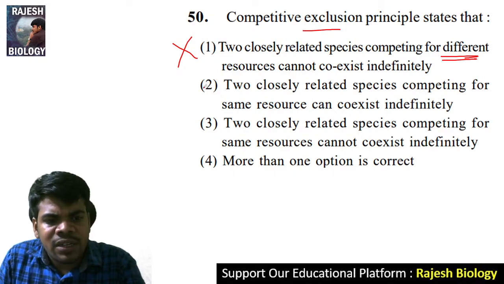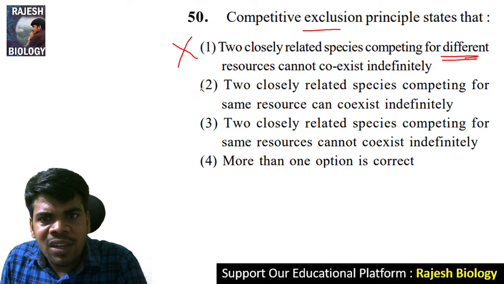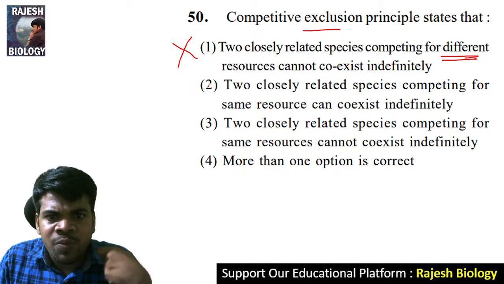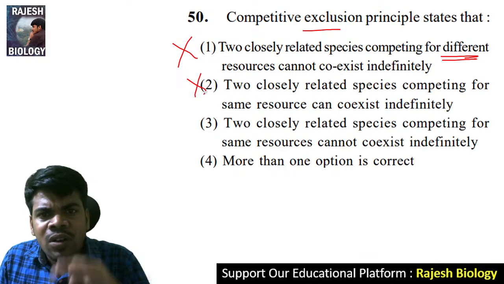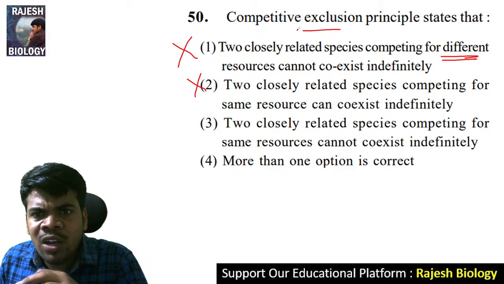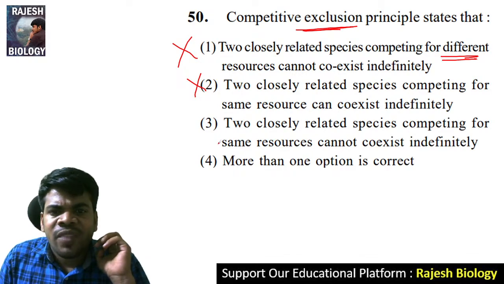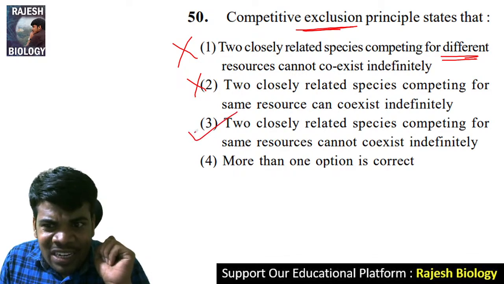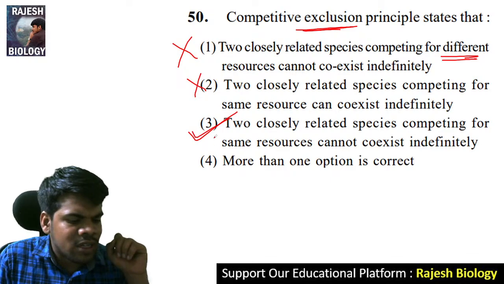It may be correct, but it is not told by the competitive exclusion principle. This is also not related to the competitive exclusion principle. Two closely related species competing for the same resource cannot coexist indefinitely. This is the only right answer.